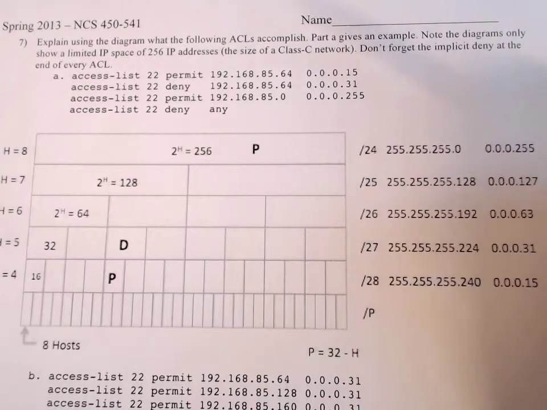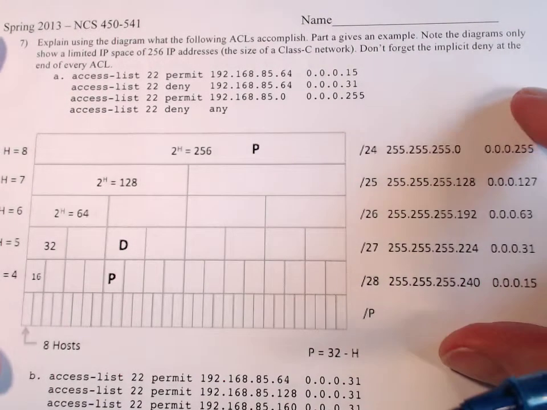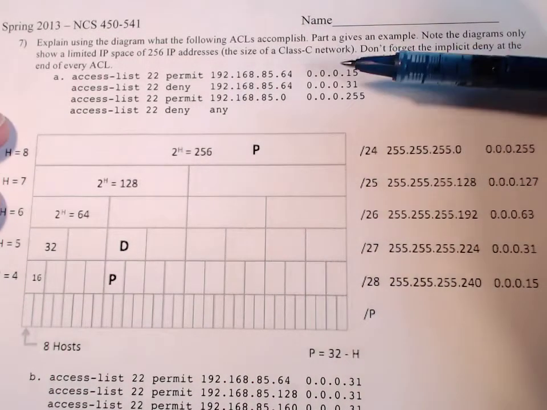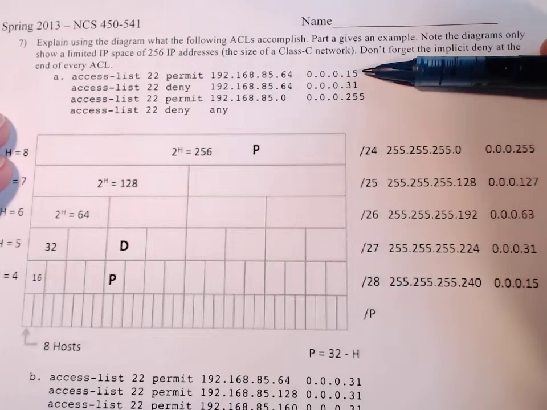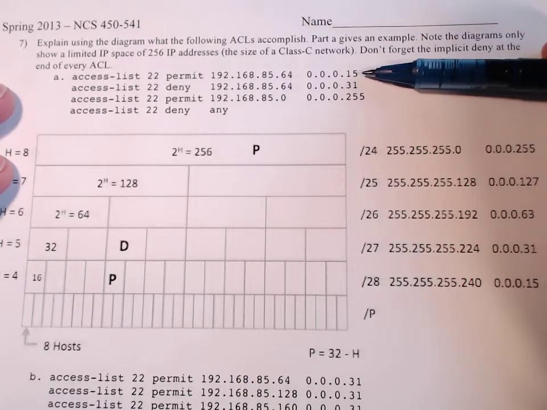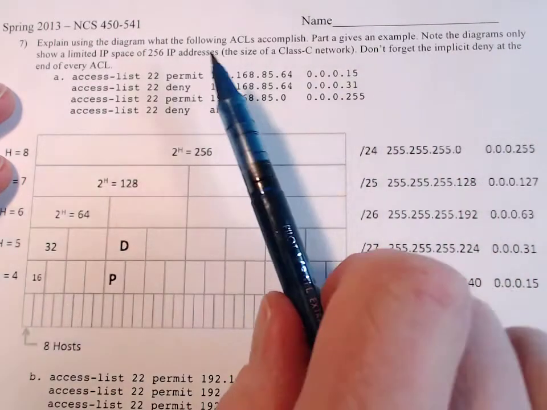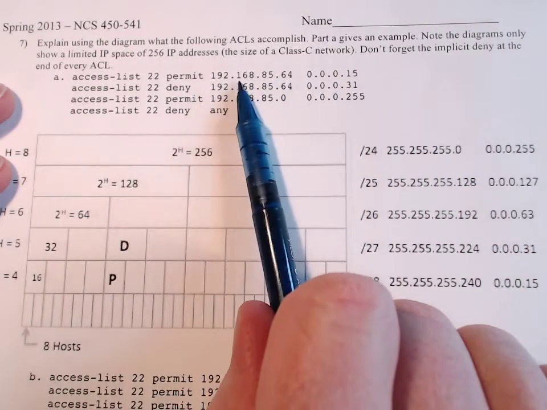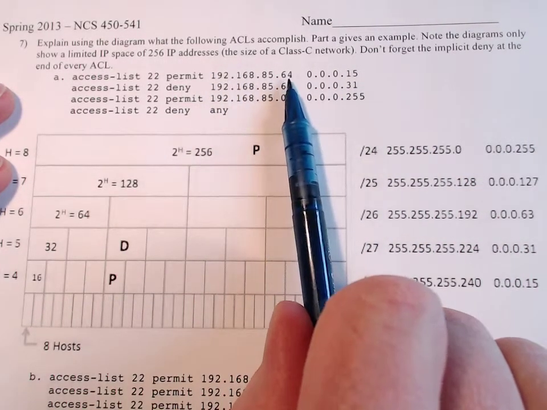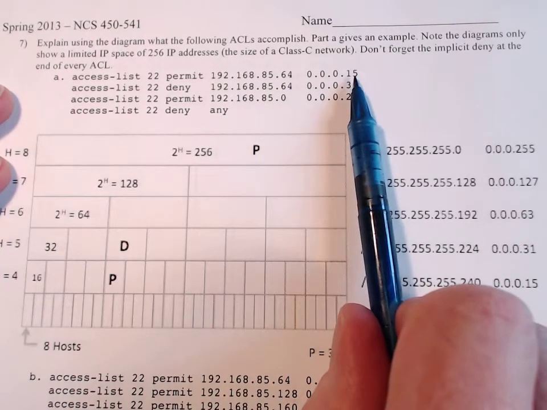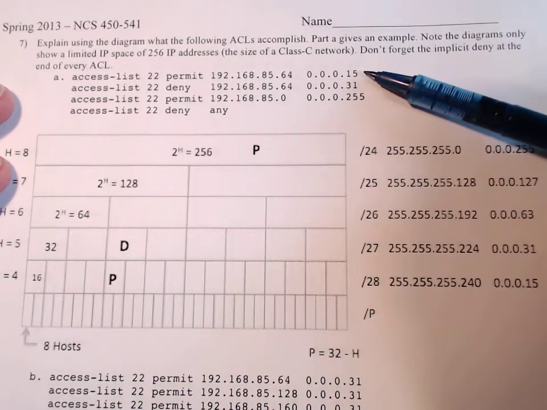Part A is really an example that's already solved, but I'll walk you through it. In the first line of the ACL, it says to permit the subnet 192.168.85.64 with a wildcard mask 0.0.0.15.